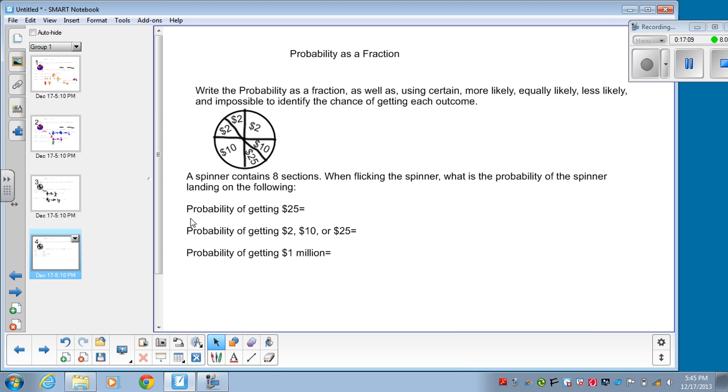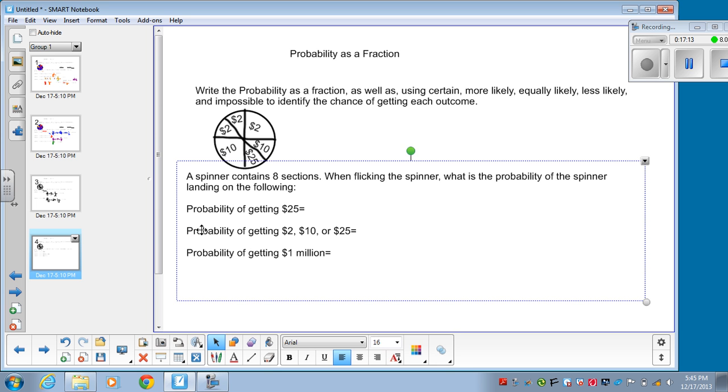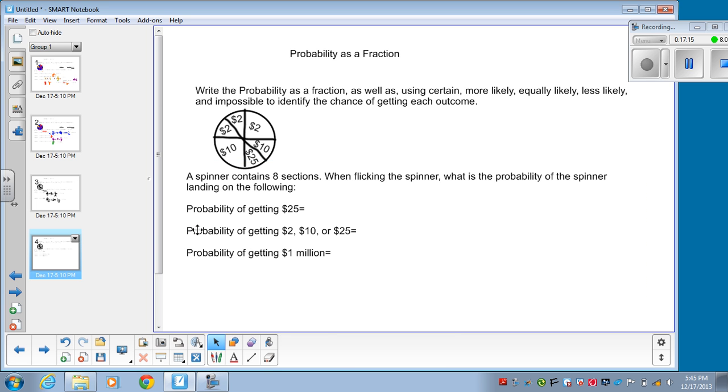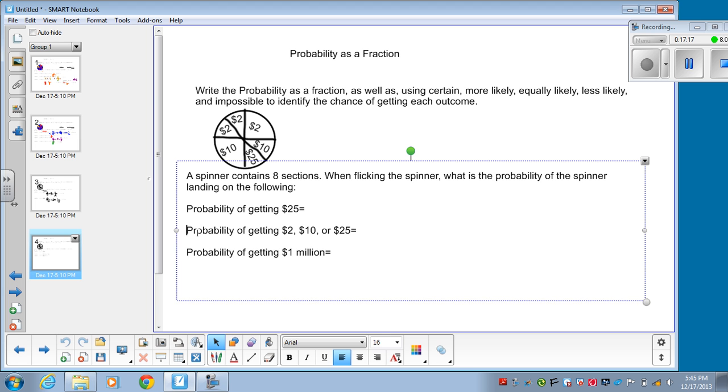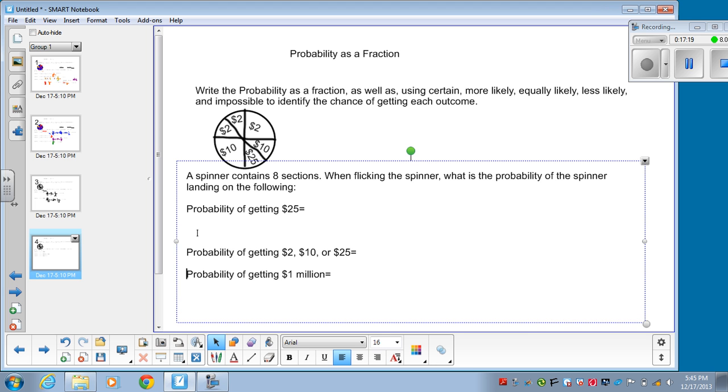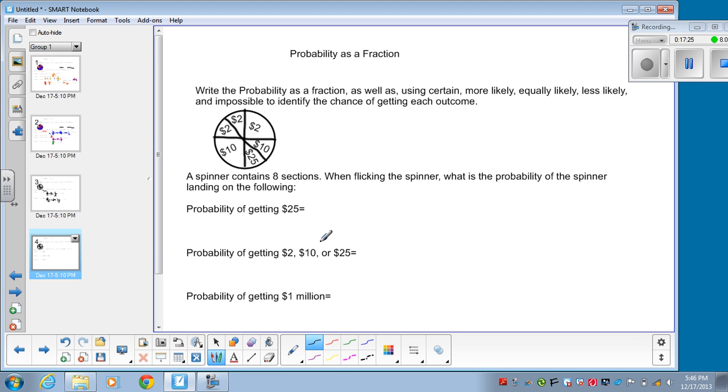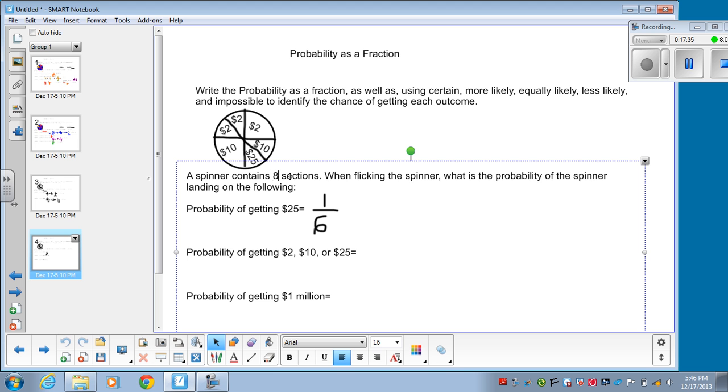Probability of getting $25. I know many of us wish that 25 was on here more. But as you just said, the answer is 1/6, because 25 is only seen one time.